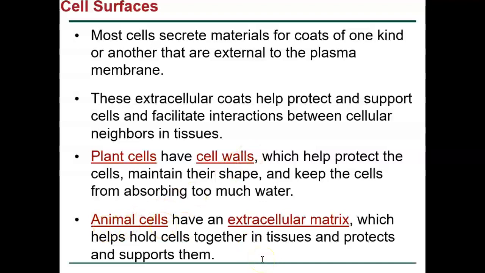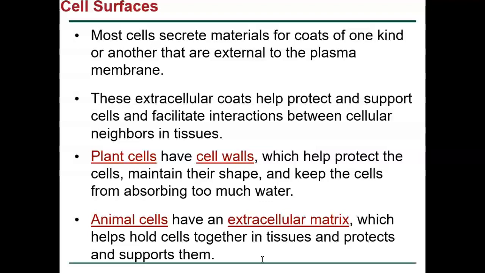So if you look at your study guide, the rest of the study guide is actually listing all of the organelles. And for some crazy reason, just to mess with your head, I put these two that come first at the very end. So if you turn to page 3 and you look at the long list of organelles, the very last two, you've got cell wall and you've got extracellular matrix.